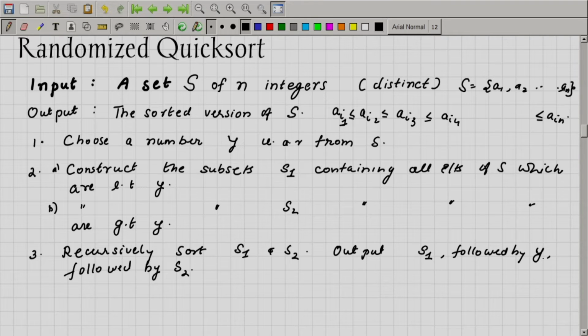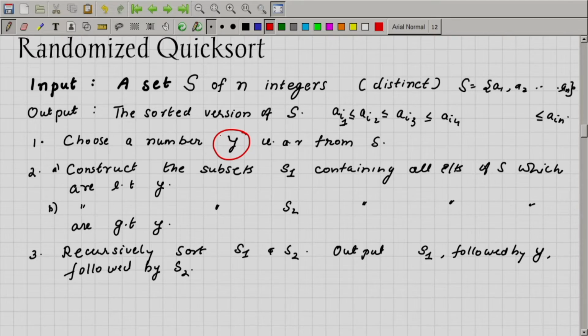Now, what is the randomness? How does it affect the input-output characteristics of this algorithm? The only place where we are using randomness in this algorithm is in the choice of the random element y. We know that for this algorithm, the answer returned will always be a sorted output.